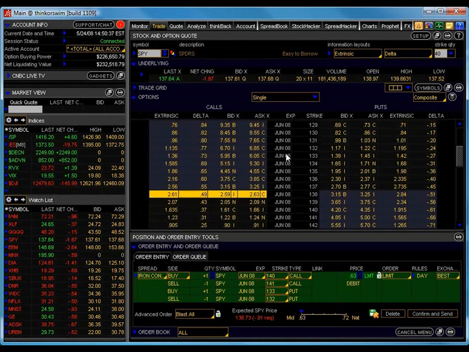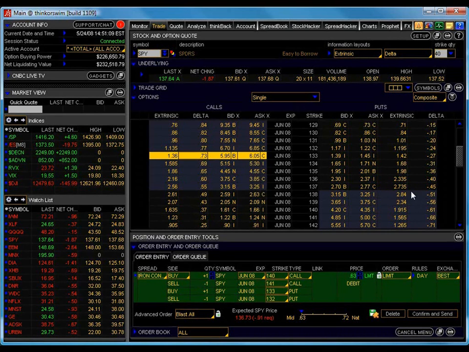What does that mean? Well, let's say the price of the SPYs goes up $1, and we had one of the 133 strike calls. This call is expected to increase in price if the SPYs move up by $1. You take the 0.73 delta, multiply it by the dollar move, and you get a 73-cent increase in the price of that option. It will increase by 73 cents.